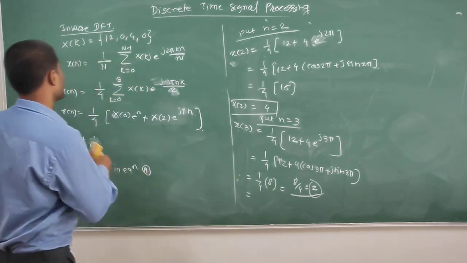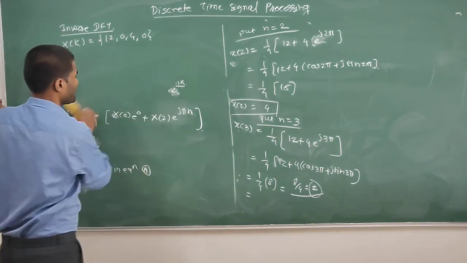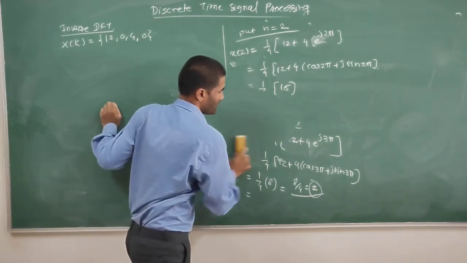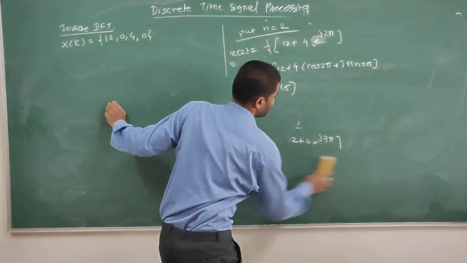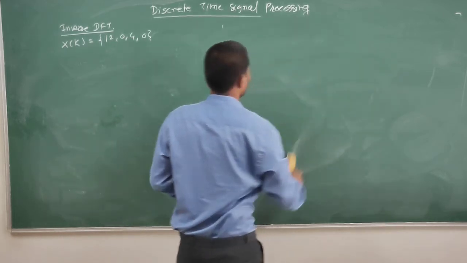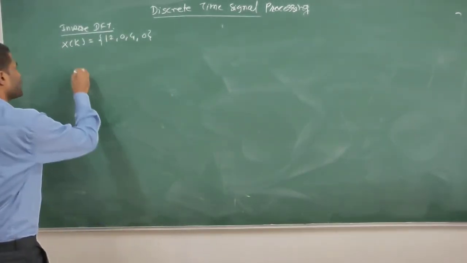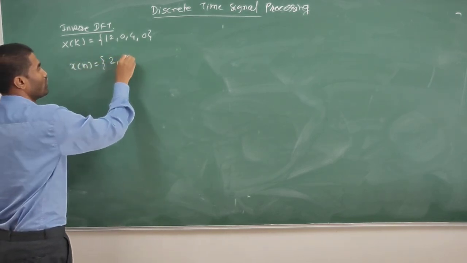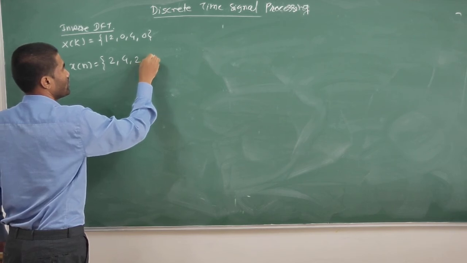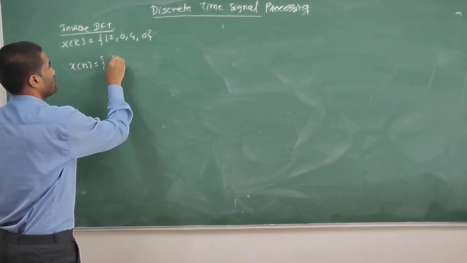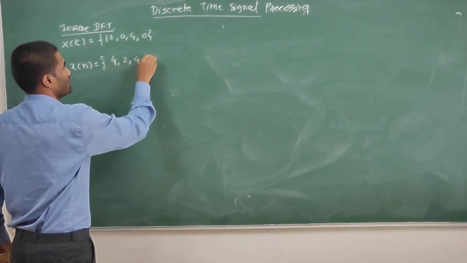So the decoded sequence for this one is nothing but x of n is equal to how much? 2, 4, 2, 4.